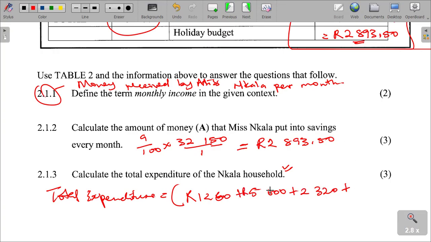All these are monies, class. I'm just making sure that you don't leave out the units.